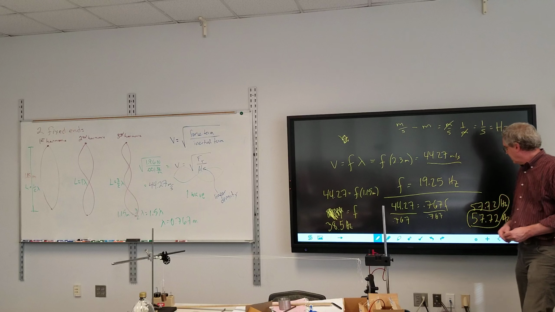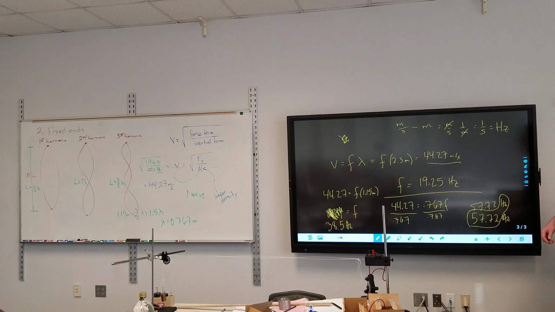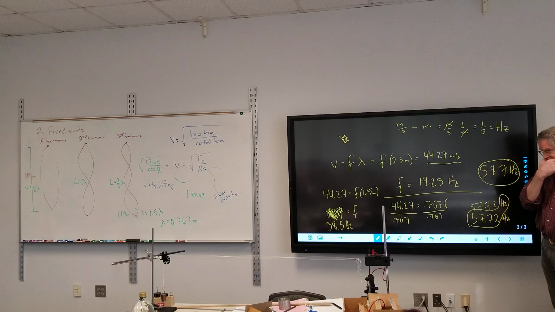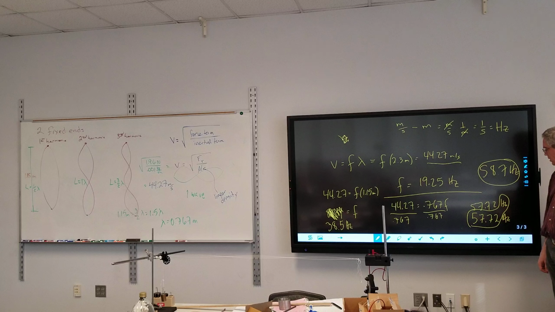Somewhere in there. And so the frequency, 58.7 hertz. That's the experimental and that's the theoretical. So we are, I think, just shy of 2% off. A physics demonstration that actually is under 5%.